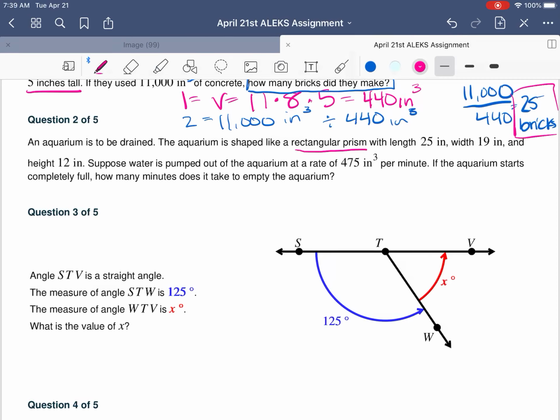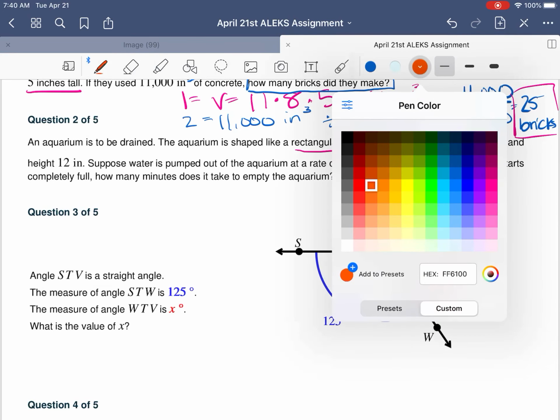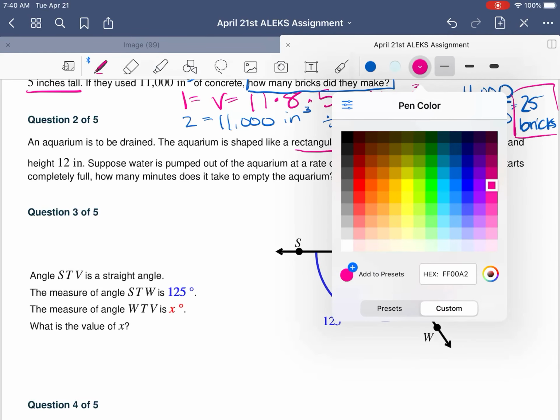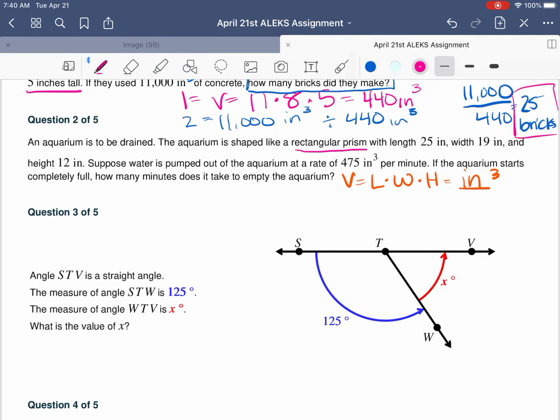So we're basically doing the same thing we did on number 1 on this one. Again, we want to remember that formula, which is volume equals length times width times height, whatever it is, inches cubed. In this case, it's inches again. So we want to start with that. Then we look for the things that are volume.